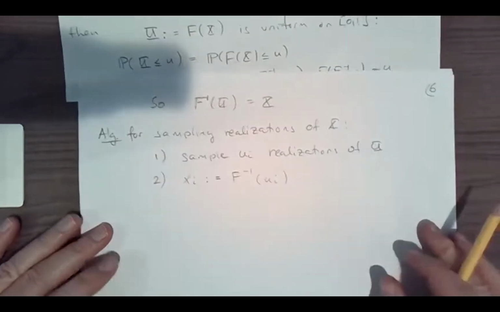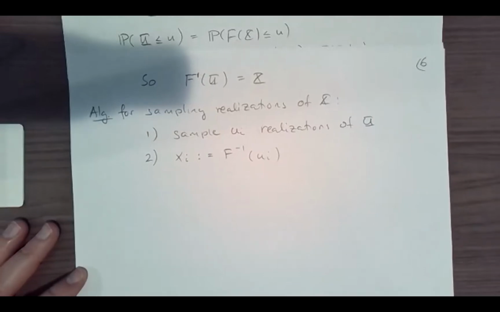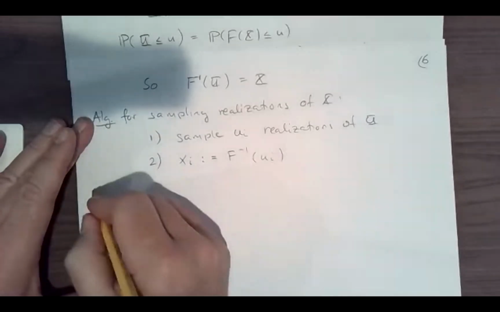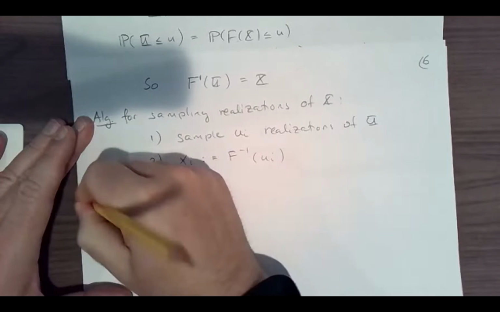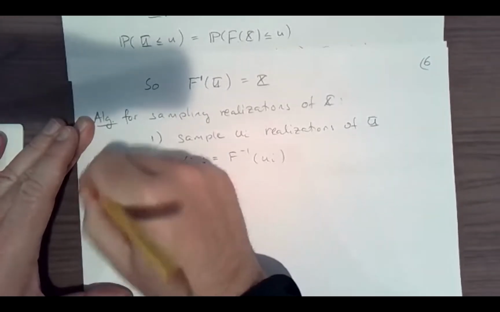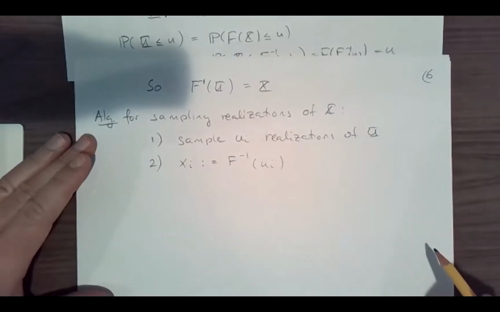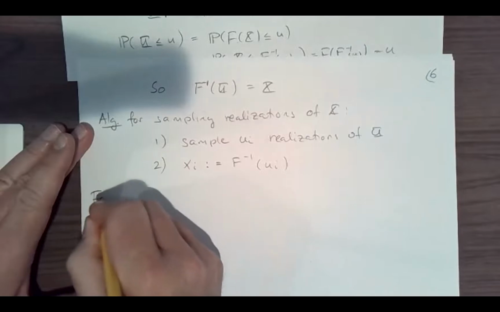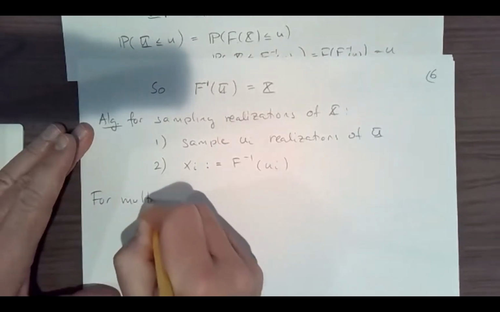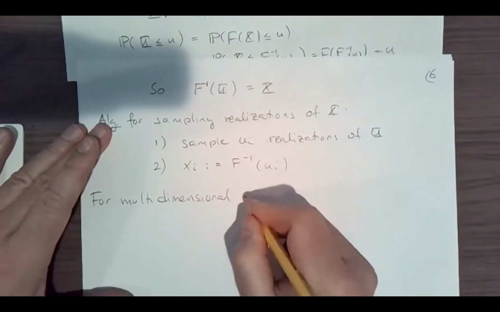So before we switch over to looking at some code, let me talk a little bit about the multidimensional normal. Sometimes this only works for the one-dimensional case, but this here is for normals.